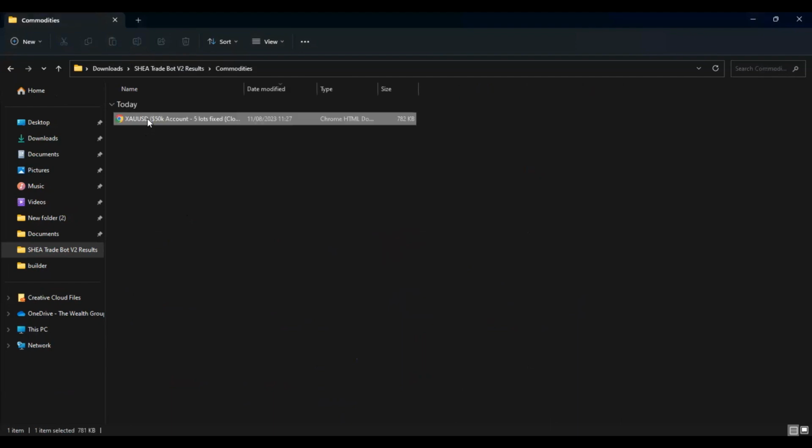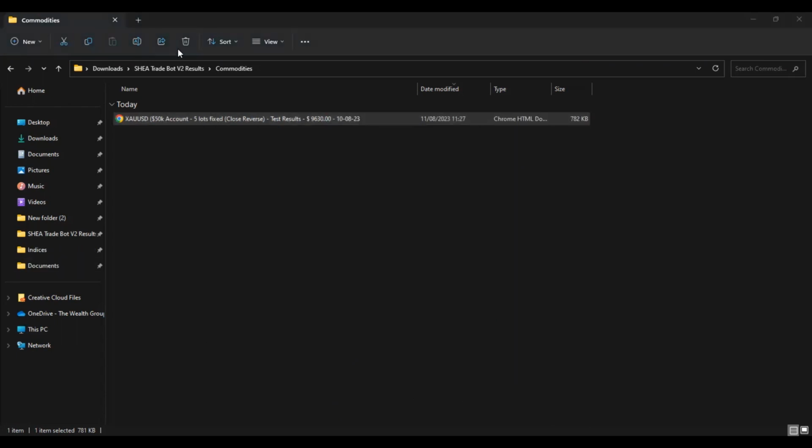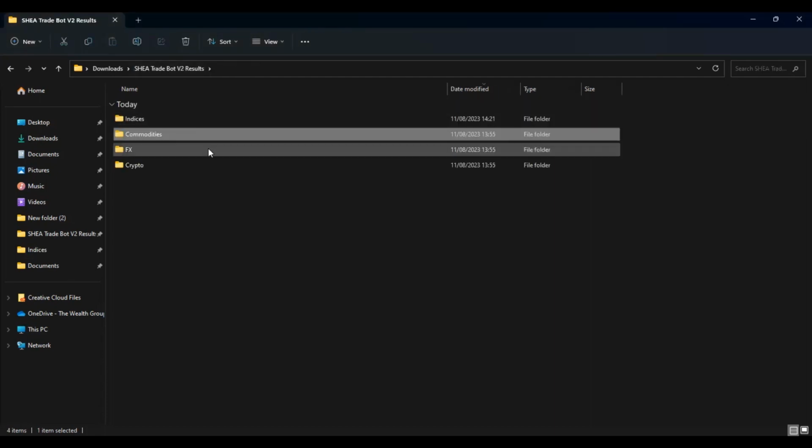For commodities, because we only trade gold here, it was 9,630 profit on gold. I'll open that up. Now the robot is designed to trade on any pair, but I've been testing it on all of the currencies, cryptocurrency, forex, and commodity markets, because I designed this robot not to trade on futures.